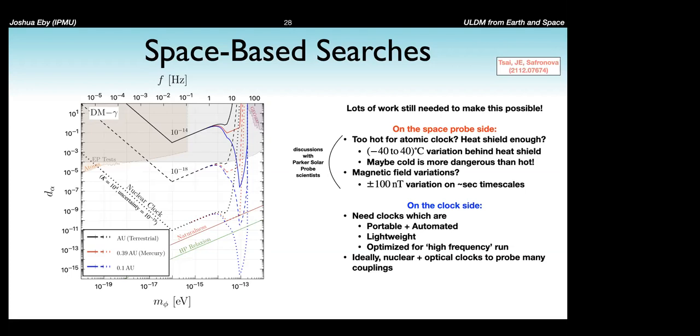There are a few optimization things that would be important for us that may not be important for the other missions. For example, to probe this high frequency range that is especially relevant for us, you really need to optimize the clock running to a particular frequency of tens of hertz, whereas for other missions, you may be optimizing for something else.